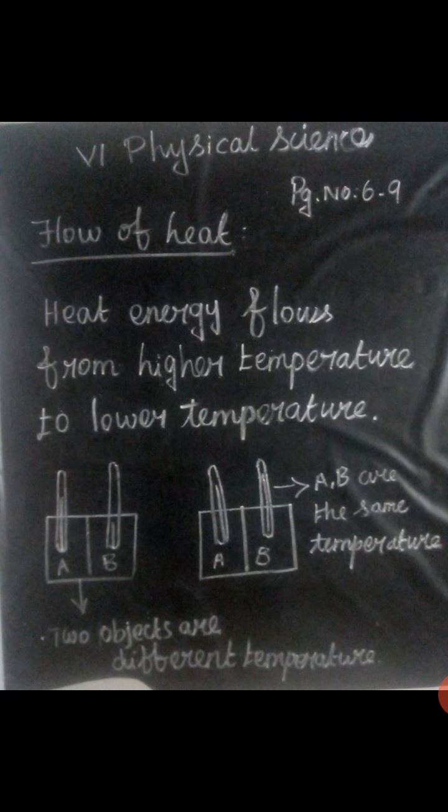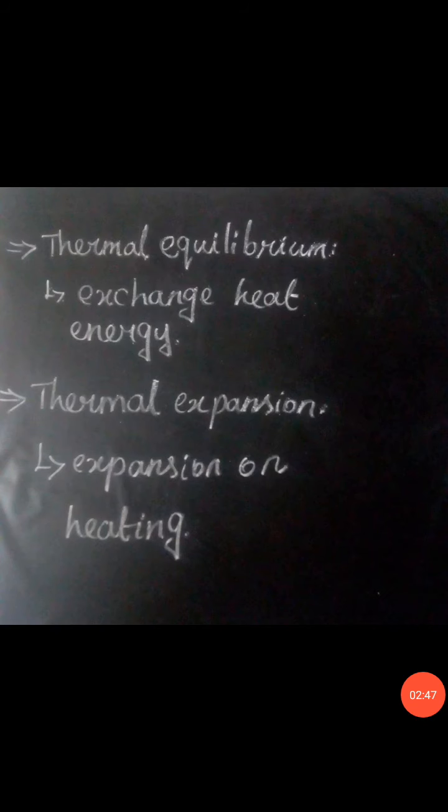Then thermal equilibrium, exchange of heat energy. Thermal equilibrium means the heat energy is exchanged between lower temperature and higher temperature, that is known as thermal equilibrium. Then thermal expansion. If you give heat energy to any substance, it expands.